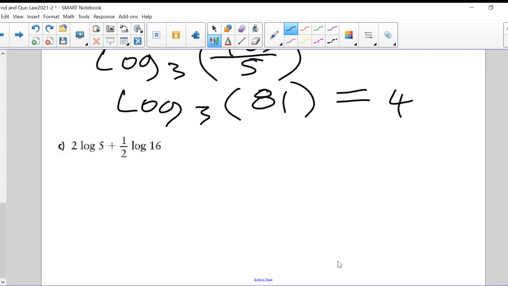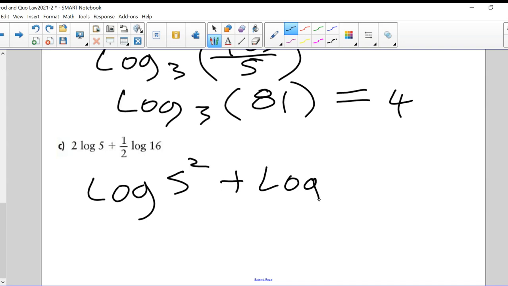I'm going to make that 2 log 5 into the log of 5 to the power of 2. That's the opposite of the power law. Or it's the power law applied the other way. Let me put it that way. Plus the log of 16 to the power of a half. I'm doing the same thing for both.